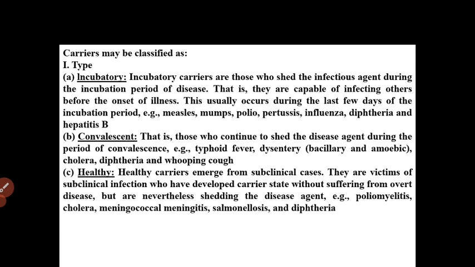They are victims of subclinical infection who have developed carrier state without suffering from overt disease, but are nevertheless shedding the disease agent. Example, poliomyelitis, cholera, meningococcal meningitis, salmonellosis, and diphtheria. Fine.